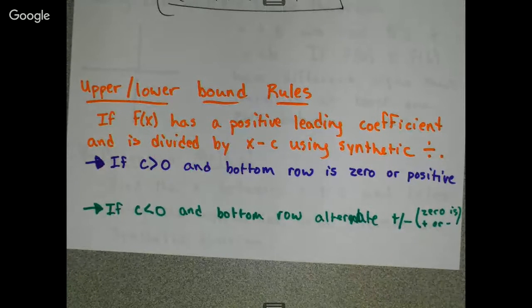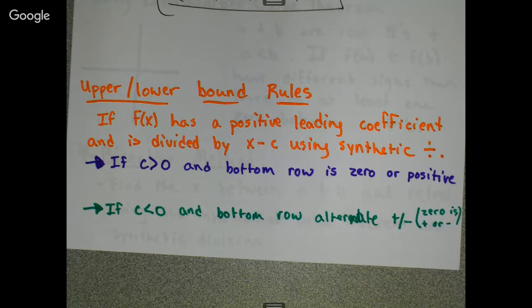Upper and lower bound rules. A lot of people forget this, but this is super helpful in narrowing down what numbers you're going to pick for your synthetic division.